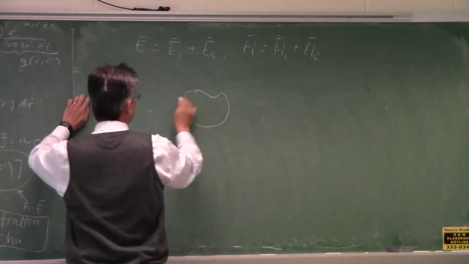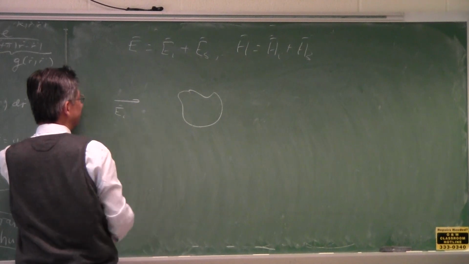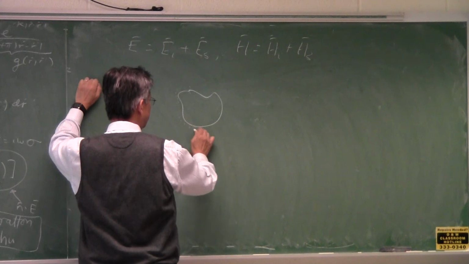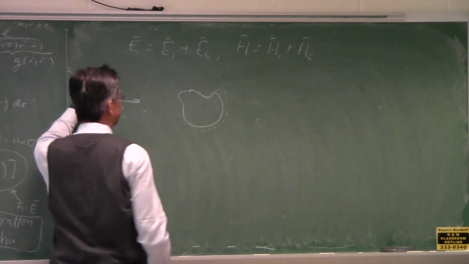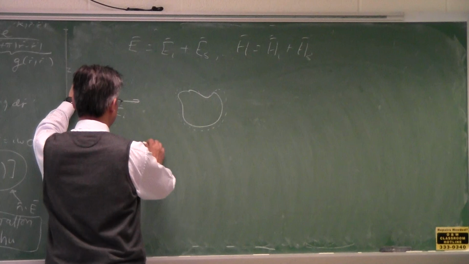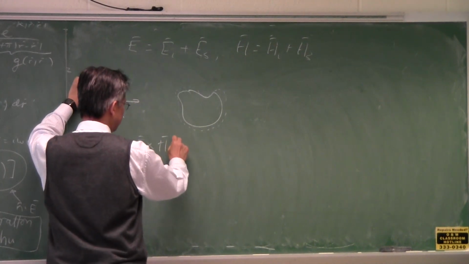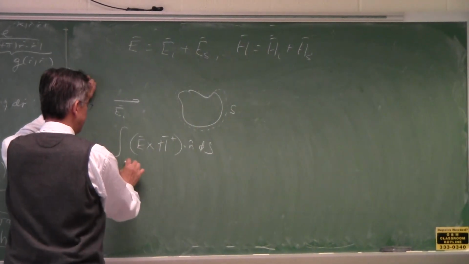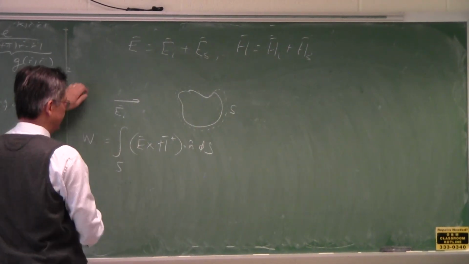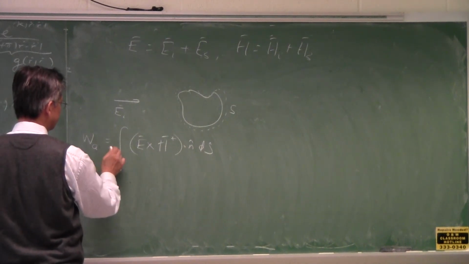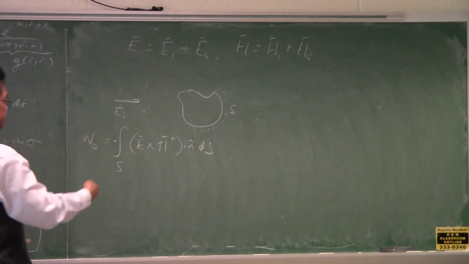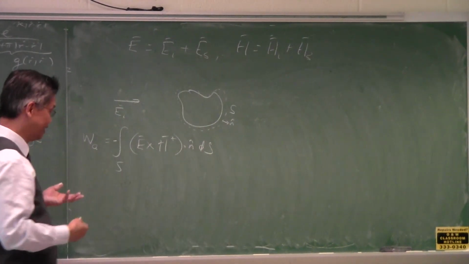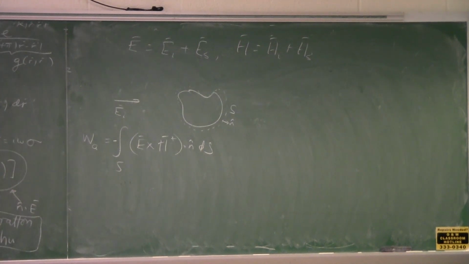And then if you have any scatterer, you have an incident coming in, then you can calculate the energy that's been absorbed inside, as everybody did, by integrating over a surface S and then calling this absorption, with a minus sign, because if N is pointing outward, then negative corresponds to energy that's going inward.